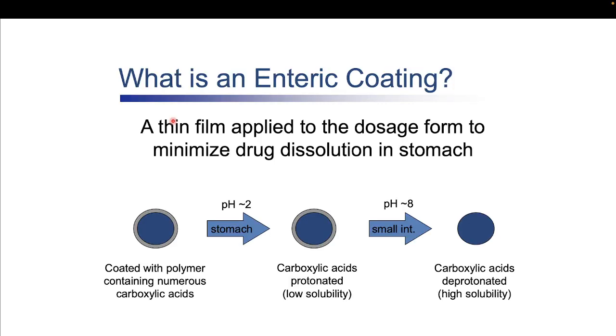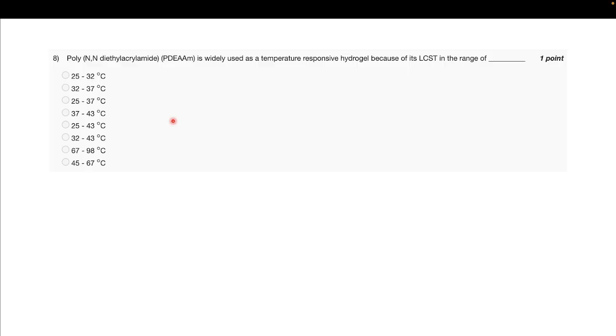Let's look at the next question. Next is PNIPAAm, a polymer, is widely used as a temperature responsive hydrogel because of its LCST in the range of 25 degrees to 32 degrees. I can hear two responses. Somebody answered option 1.